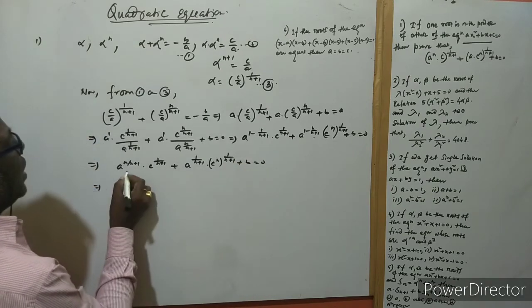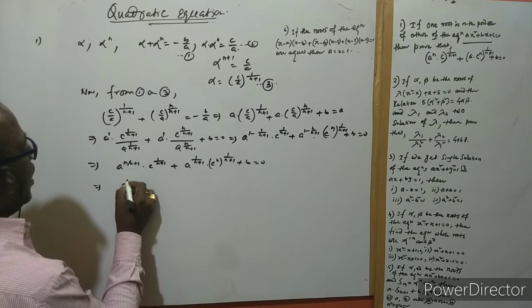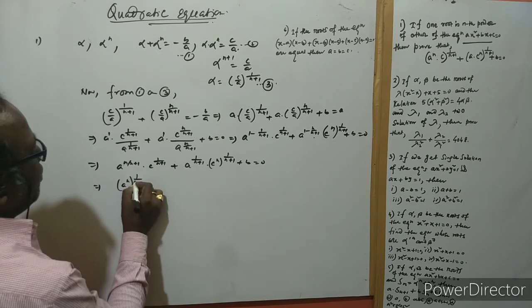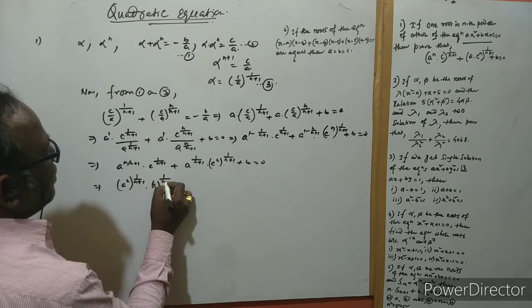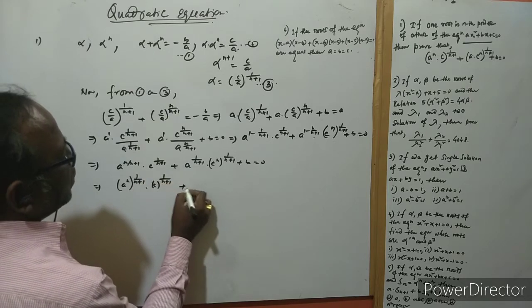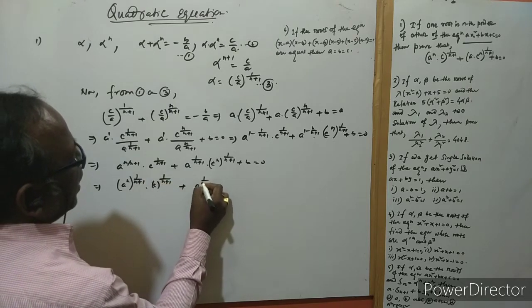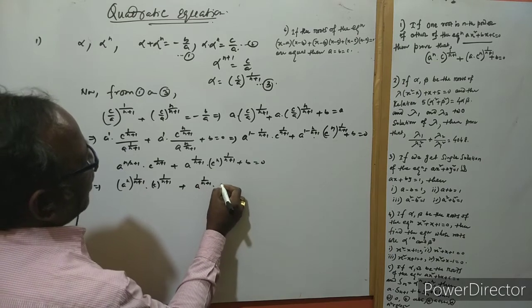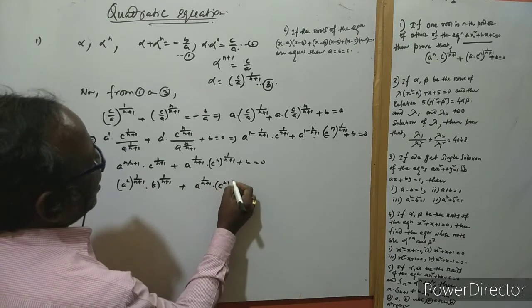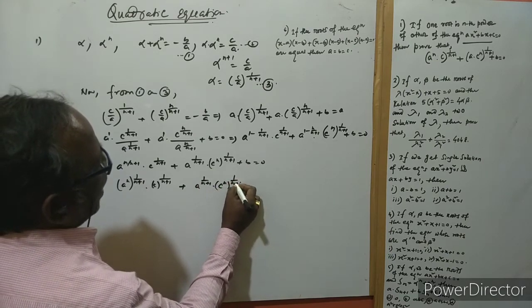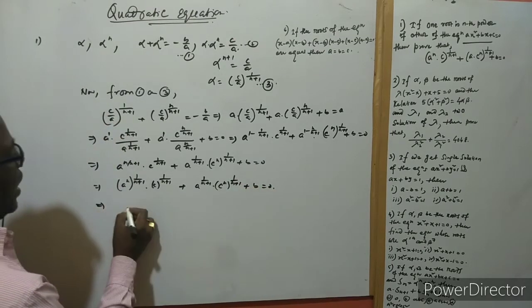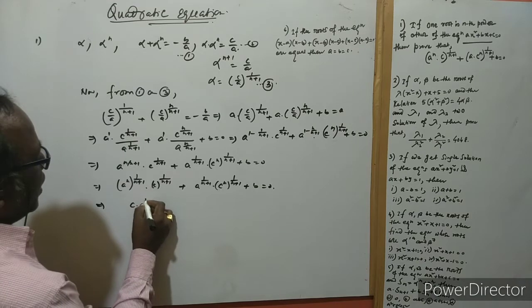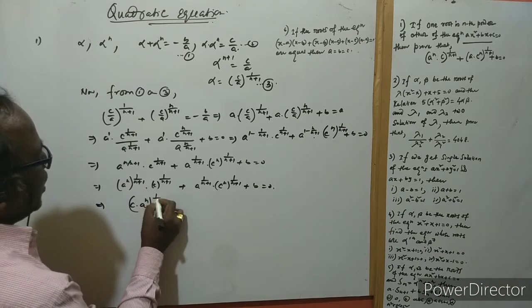And now see here, a to the power n whole to the power 1 by n plus 1. See, same power, we want to transfer this power as the same, that is 1 by n plus 1. So we can jointly express as a power, that is n and 1 by n plus 1 here, and plus b, and so you can easily write this is c into a to the power n, and that is to the power 1 by n plus 1 here.